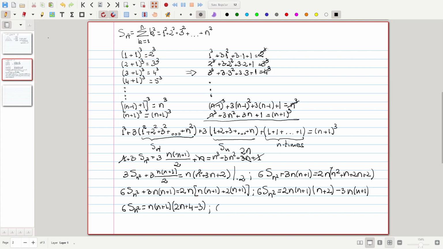Then I have 6 Sn squared equal to n times (n plus 1) multiplied by (2n plus 1).